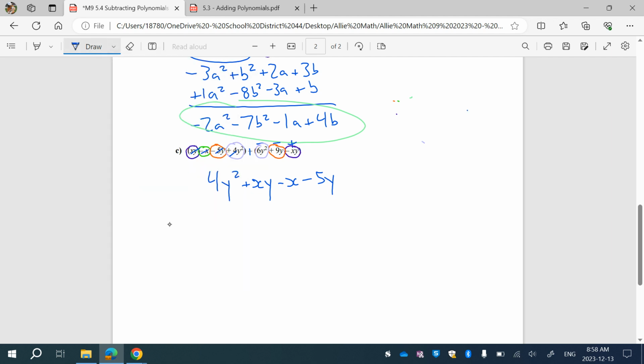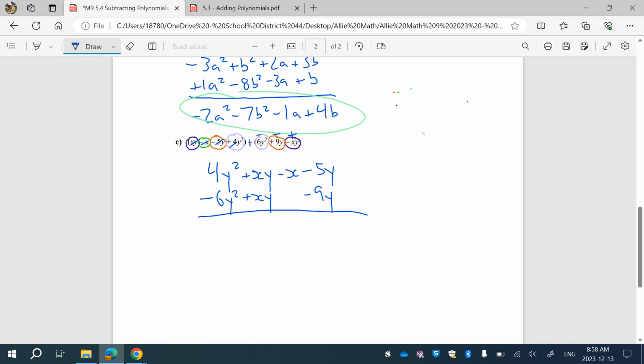So let's put now, it's now a negative 6y squared. And we do have now a positive xy. We don't have an x, remember? So I am going to put our now negative 9y over here. Just visually, I think a little bit easier to see.